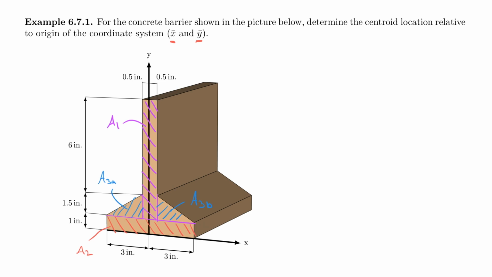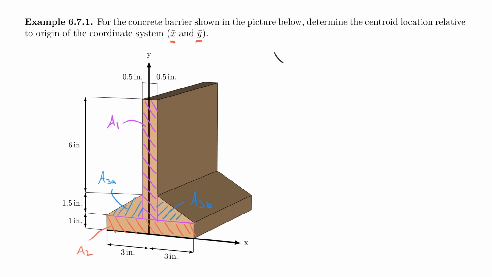Technically, if I was already experienced with this, I probably wouldn't have to do this, but just to get one point across here, I want to point out that the coordinate origin is here at the center of this shape. And so area 3B is to the right of that, and area 3A is to the left of it. And so one of them has to be negative, whereas the other one will be positive. And by that I mean actually the x tilde has to be negative.